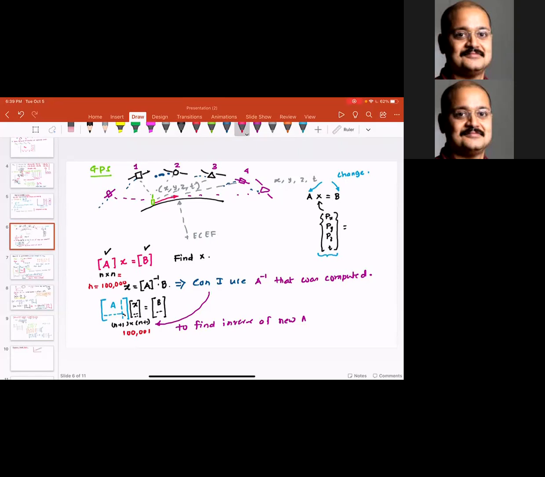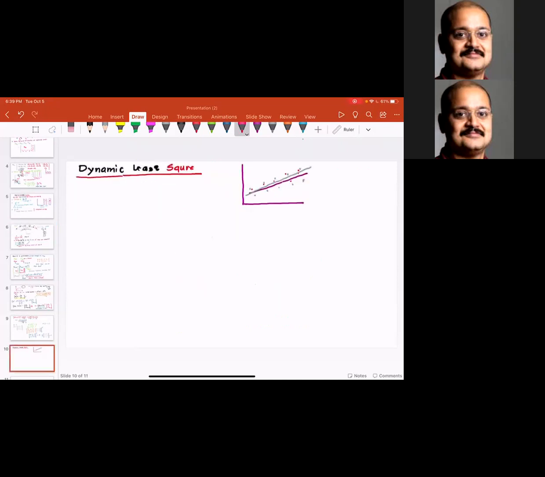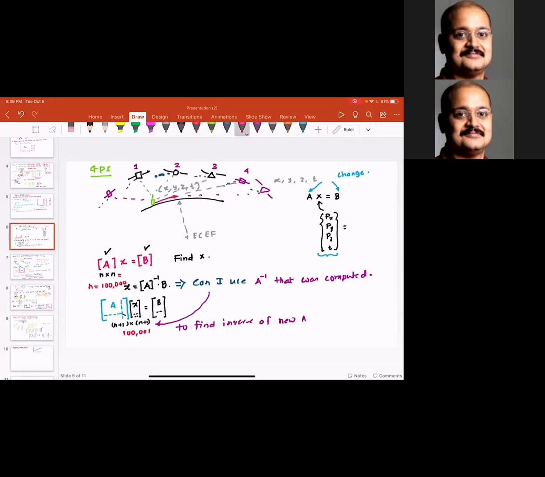So you want not only the recursive least square, but you also need the dynamic least square. Now, however, please understand that you know at what velocity you are moving. So say for the sake of discussion, the velocity is known. So you have some approximate information on the position.